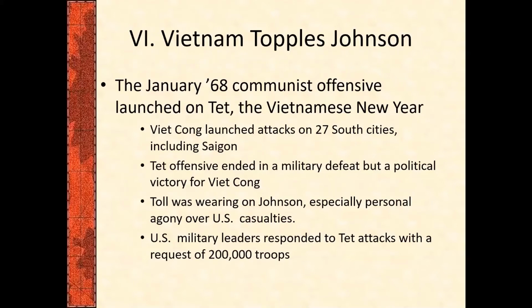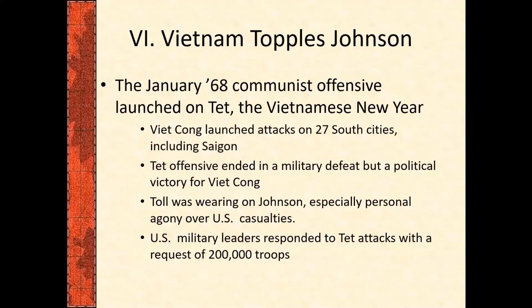In January of 1968, after Johnson has said that there is light at the end of the tunnel, the Viet Cong launch the Tet Offensive, and it's known as the Tet Offensive because Tet is the Vietnamese New Year, and this is when the attack was launched. And so the Viet Cong launched a coordinated attack on 27 cities in South Vietnam, including the capital city of Saigon.